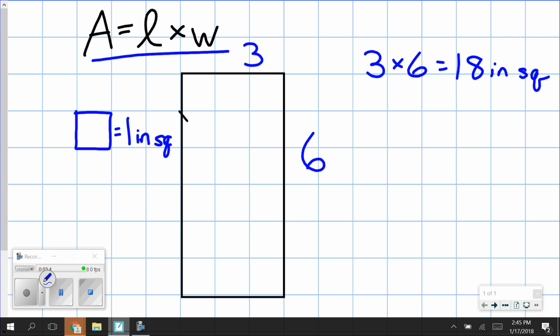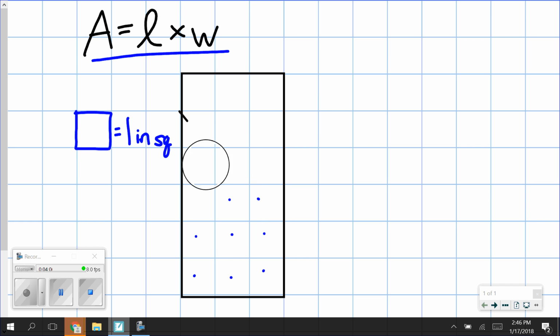You also may have counted 1, 2, 3, 4, 5, 6, 7, 8, 9, 10, 11, 12, 13, 14, 15, 16, 17, 18. Either way, you should have gotten 18 inches squared. Let's try one more. And we'll be done.